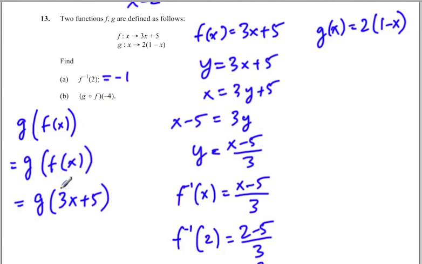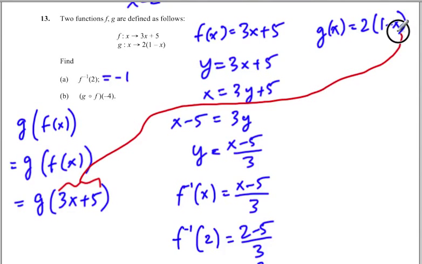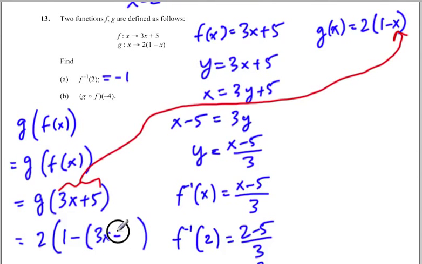And remember, as always, we take the argument right here, and we're going to plug it right into that x over there. So what that means is equal to the 2 over here times 1 minus something. What is that something? It's 3x plus 5.